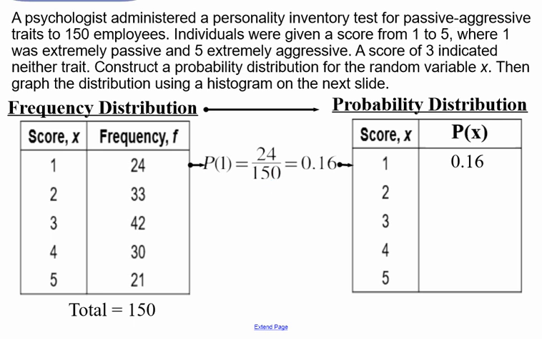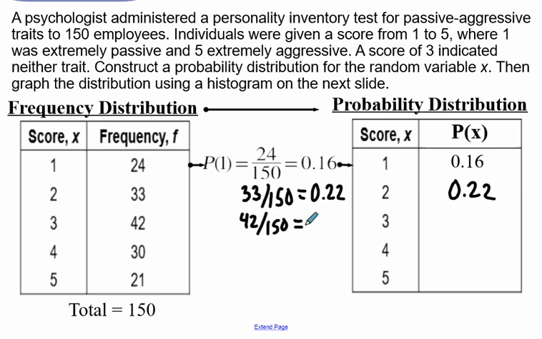The probability of getting a score of 2: there were 33 people, so this would be 33 divided by 150, which is 0.22. Probability of getting a 3: there were 42 people who exhibited neither trait, we learned that's what a 3 means. 42 divided by 150 is 0.28.